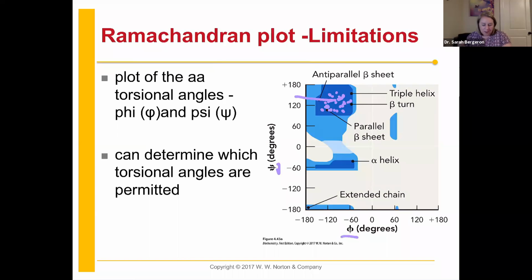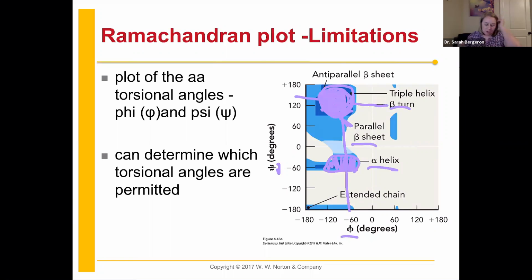That is this and here. And so what ends up happening is this area of this graph tends to be beta turns. You also have triple helices, but basically this big area is mostly beta sheets, beta turns, right? And then you have another big area right here, and this tends to be alpha helices.